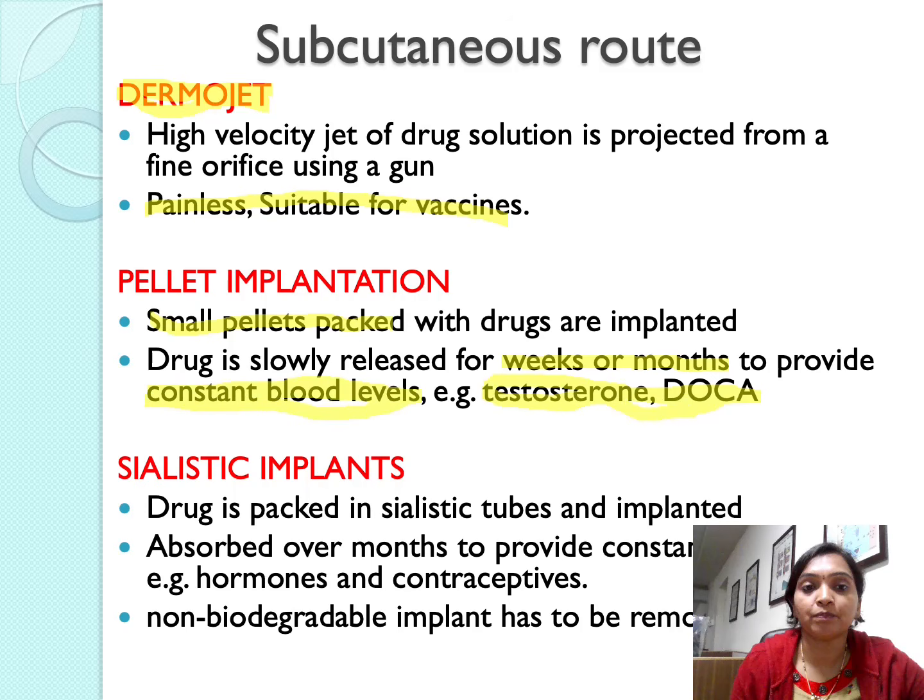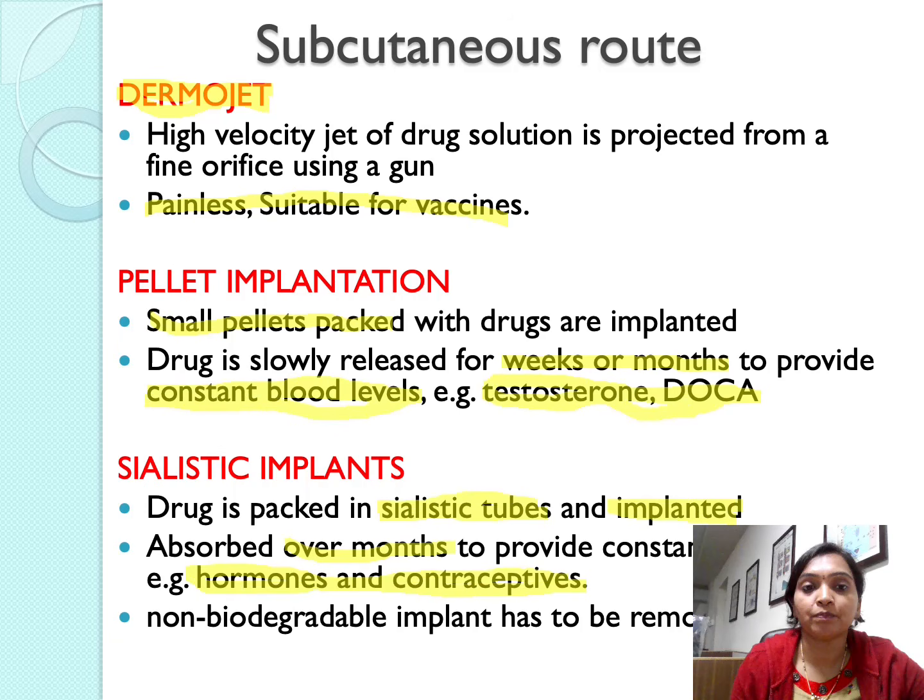Silastic implantation is similar to pellet implantation, but here the drug is packed in a silastic tube. This is also implanted in the subcutaneous tissue, similar to pellet implantation. Here also the drugs will be released over a month to produce constant plasma concentration. Examples of drugs administered through this route are hormones and contraceptives.